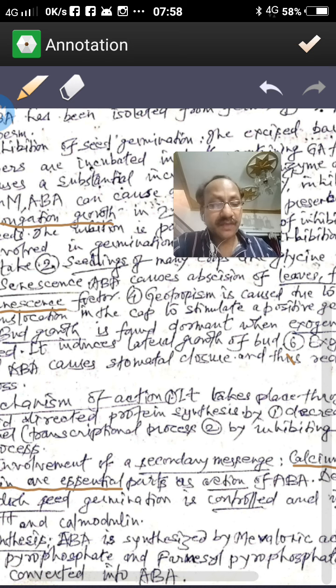So the action is possible only in presence of calcium ion and calmodulin. Both should be present along with the action of abscisic acid. So it is a very critical and important point to be noted down.